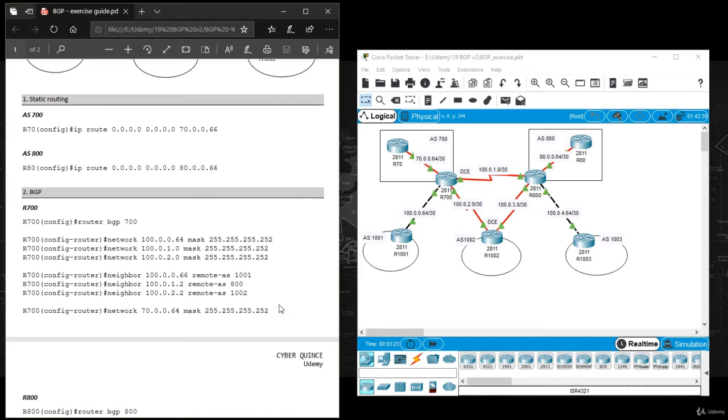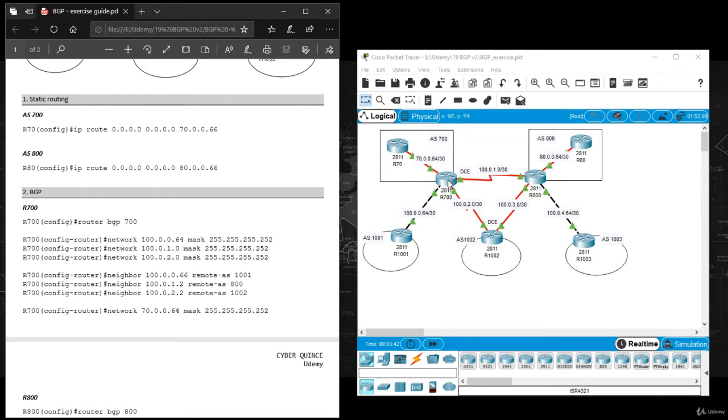The reason for that is, again, these two routers will not be using any routing protocols. So in order for the rest of the routers to be able to reach these two networks, we have to somehow tell BGP that these two networks first exist and second, how to reach them.